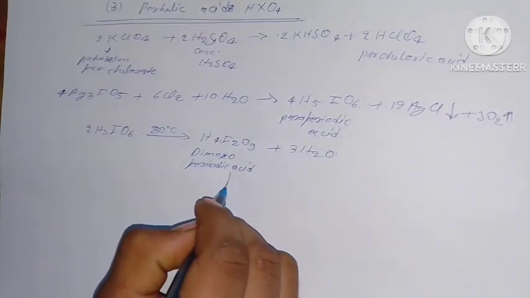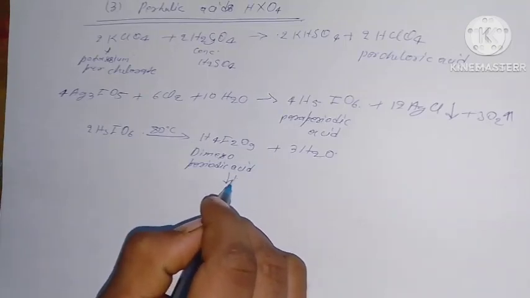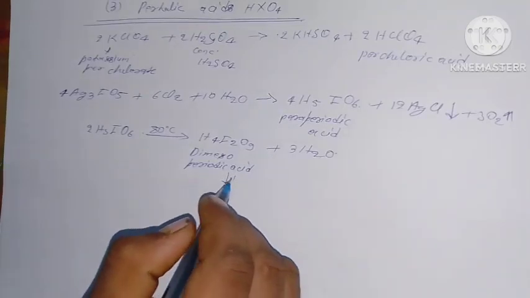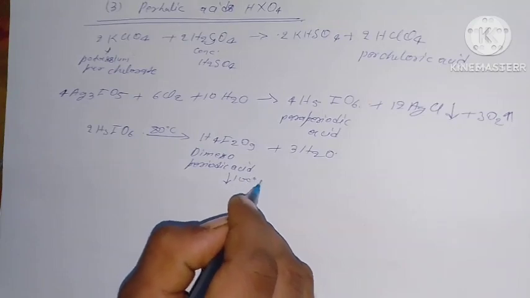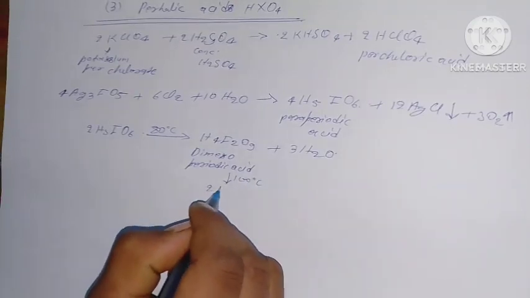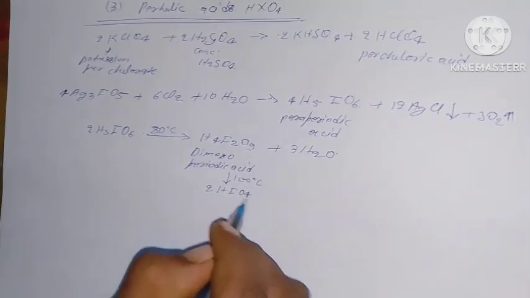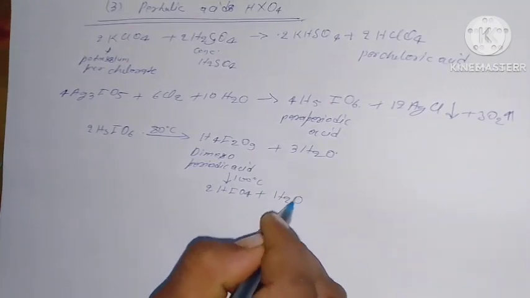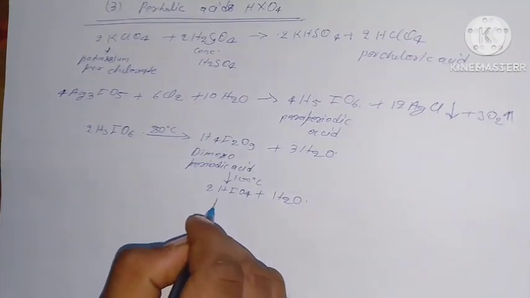And heating dimesoperiodic acid at 100 degrees Celsius makes 2HIO4 plus H2O, metaperiodic acid.